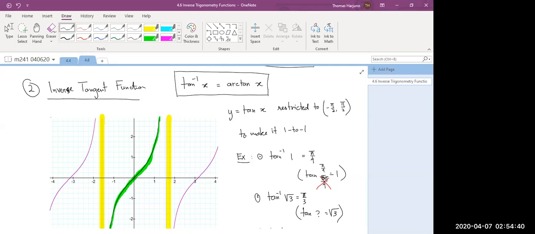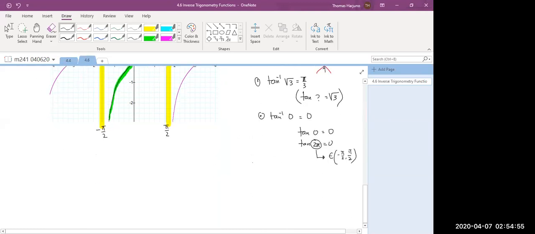And actually, if you think about it, what is tangent pi over 2? Undefined. That's why pi over 2 is not in the domain. Therefore, tangent inverse of whatever you put here can never give you pi over 2. Never.